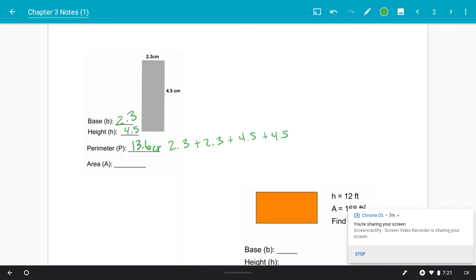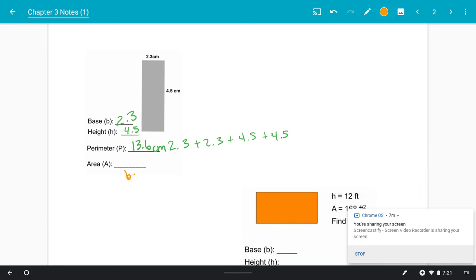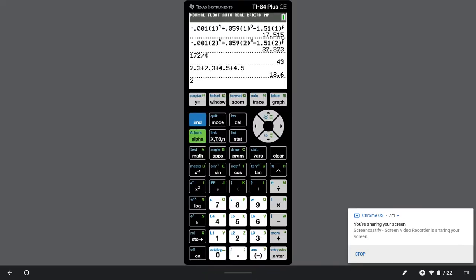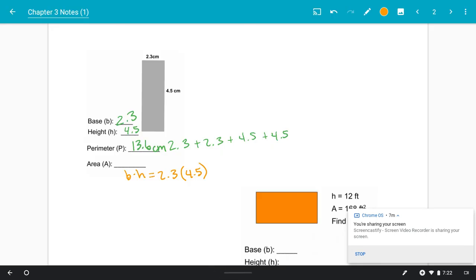And that is just centimeters. And then area is base times height. So 2.3 times 4.5. Parentheses means times. 2.3 times 4.5, 10.35. And that would be centimeters squared.